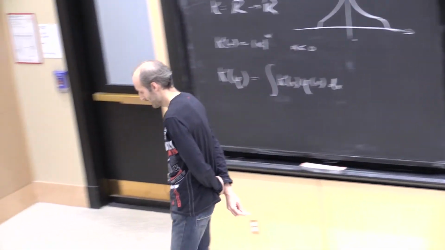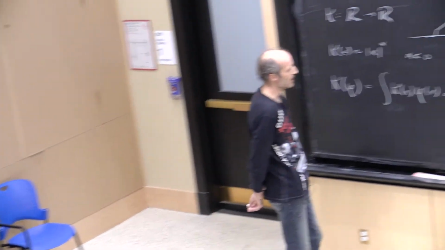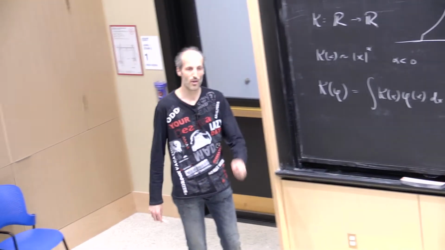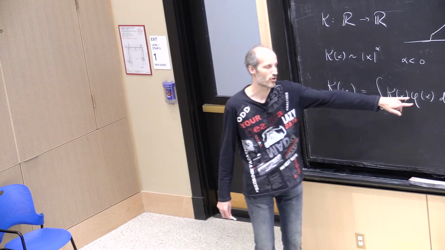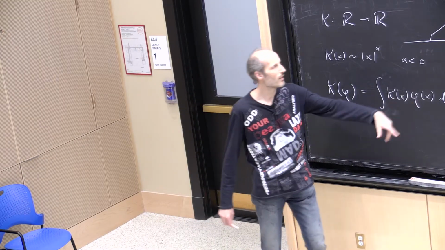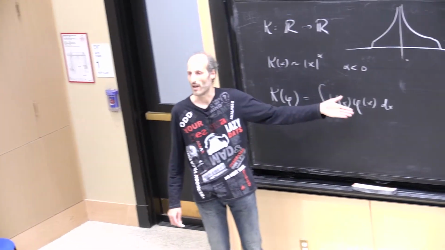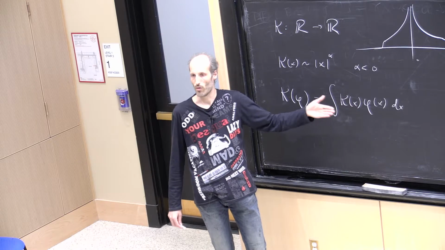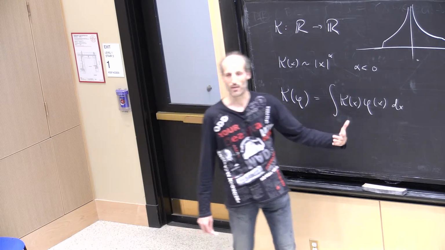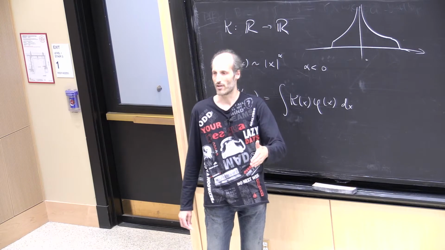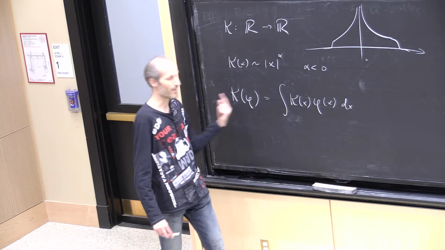Now, what can you do about it? In this case, it's relatively simple. First you note that if phi actually happens to vanish in a neighborhood of the origin, then this is always well defined. And so whichever way you define it for general phi, you want to make sure that if phi vanishes in a neighborhood of the origin, then it's defined like that.